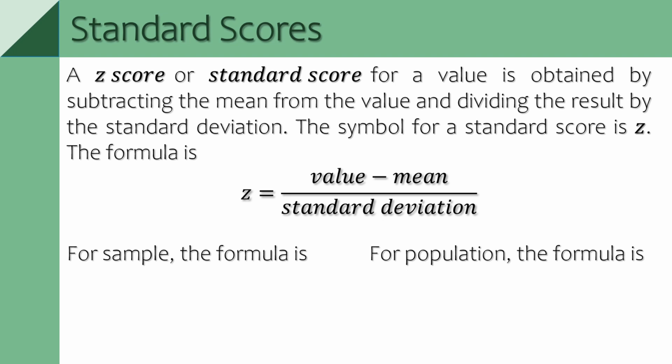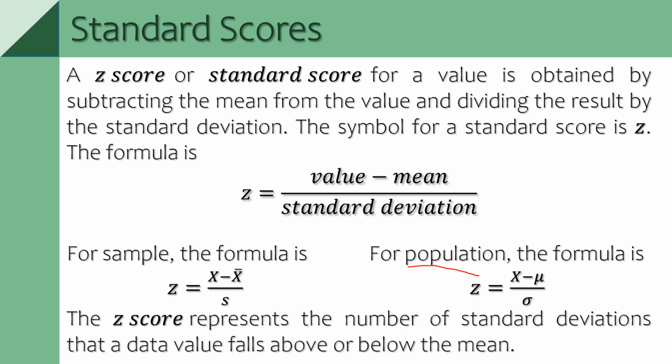For a sample, the formula is z equals x minus x bar, over the sample standard deviation s. For a population, the formula is z equals x minus the population mean mu, over the population standard deviation sigma.